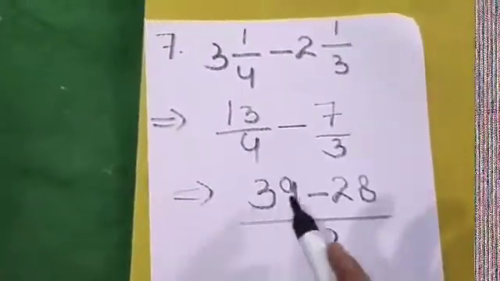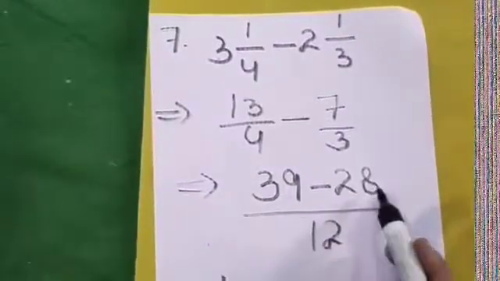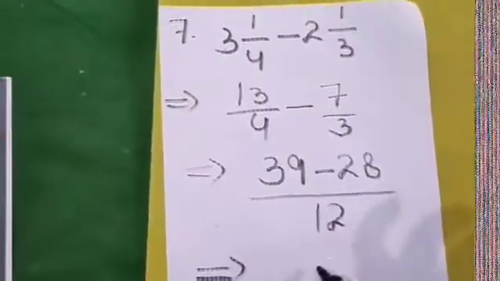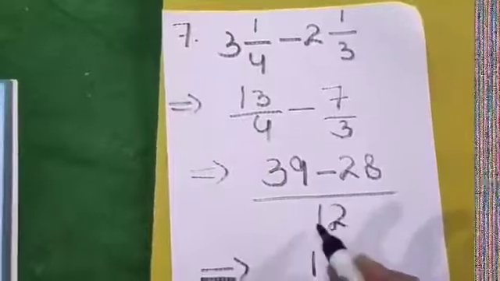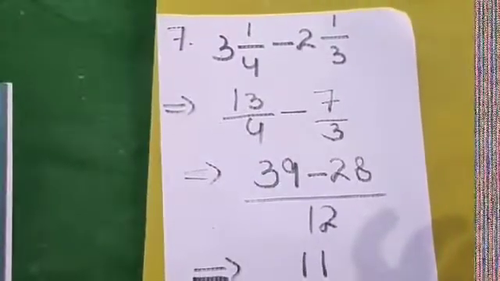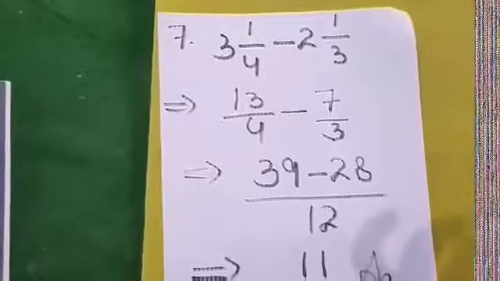Now we will subtract the numerators. 39 subtract 28 is 11, and the denominator is 12, so we get the answer 11 upon 12.